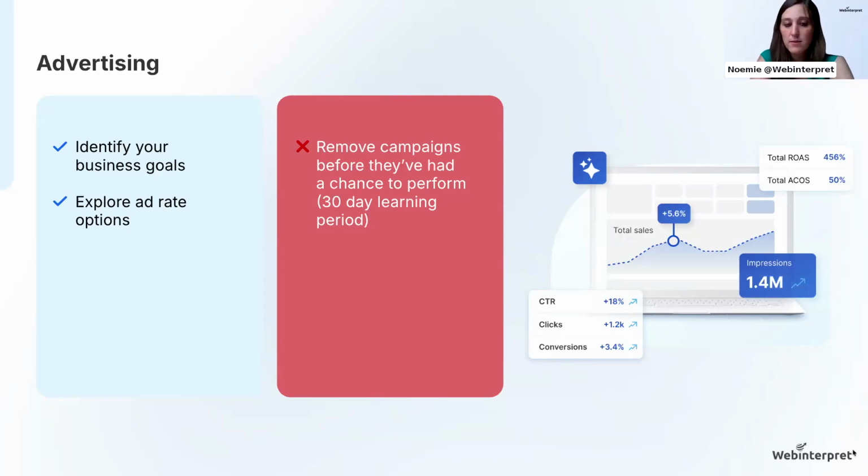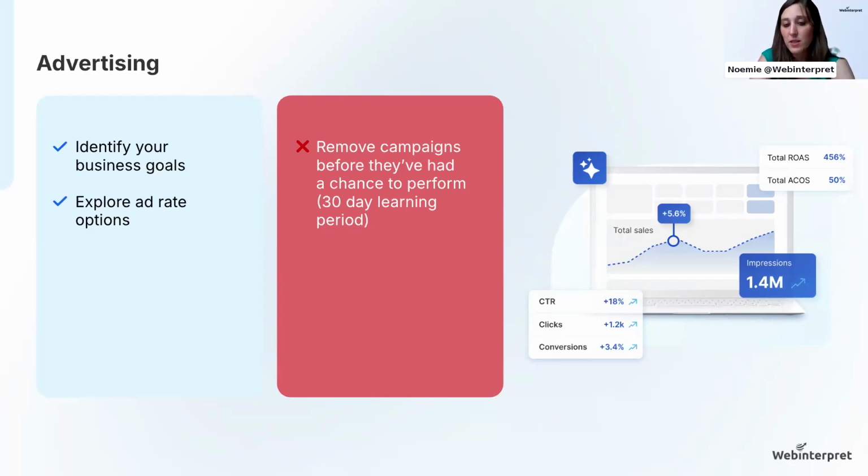eBay's advertising system has a 30-day learning period. During that window, the algorithm is building a performance model for your listing. And if you stop before the model is mature enough, you never see the real results of your campaign. So our advice is to set it up and monitor, of course, but don't expect results after 1 week.